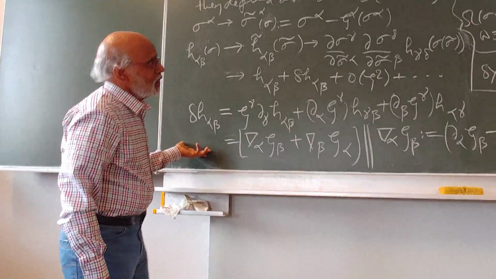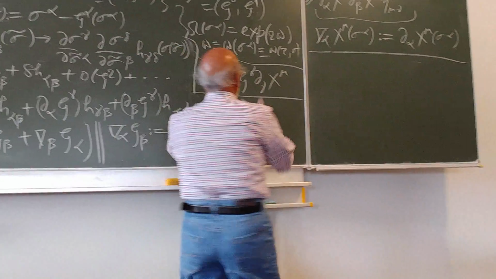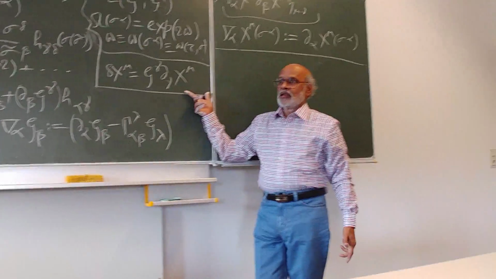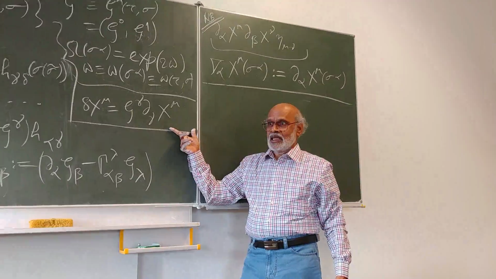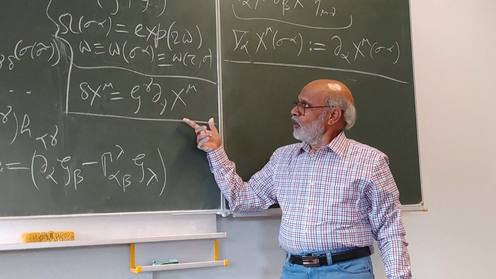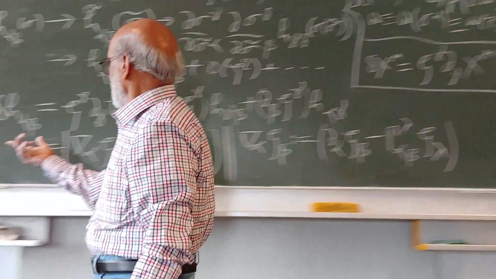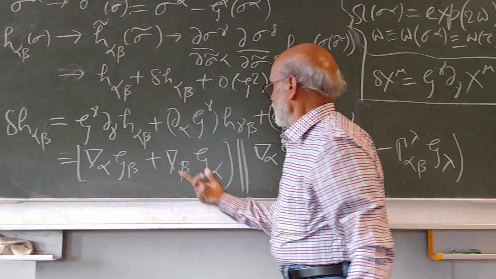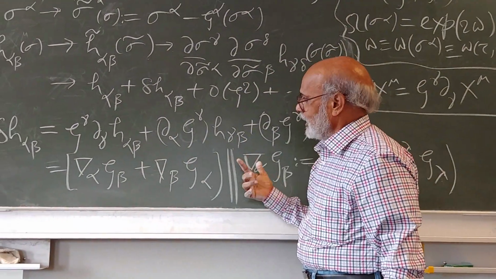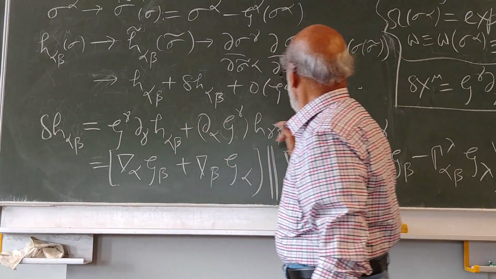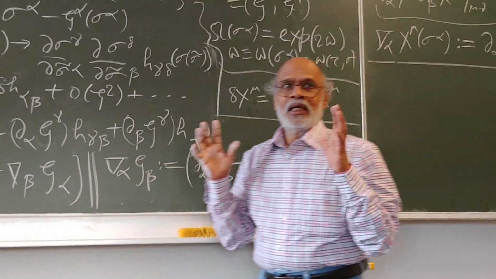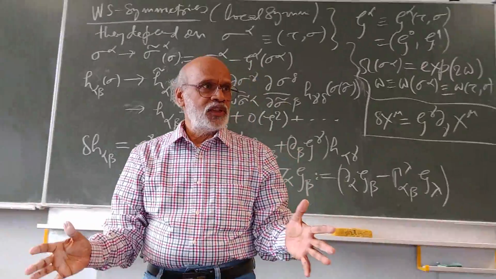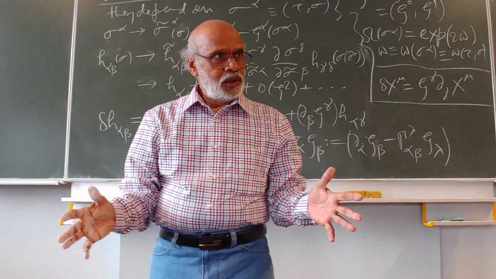So here under this, delta x changes like this, whereas delta h alpha beta or h alpha beta changes like this or like this. Here these zeta are gauge parameters of the theory. All right.